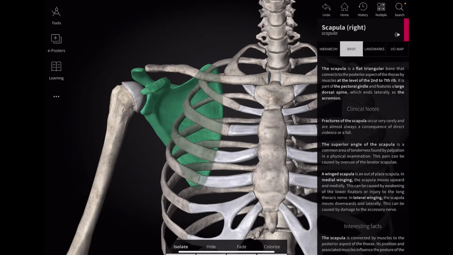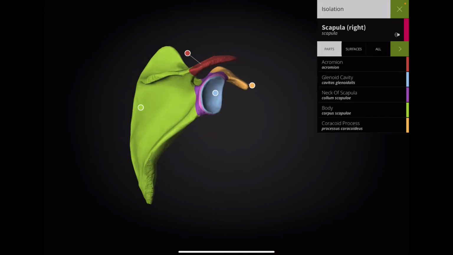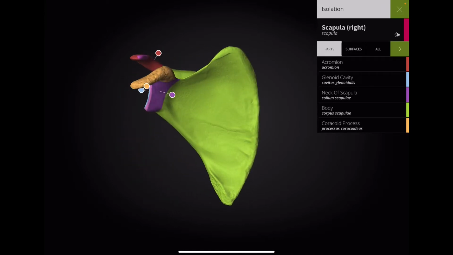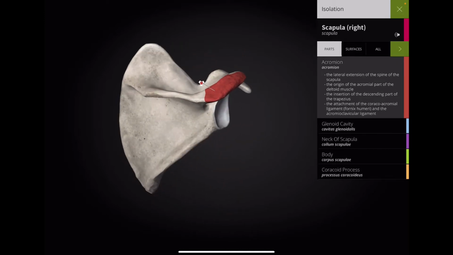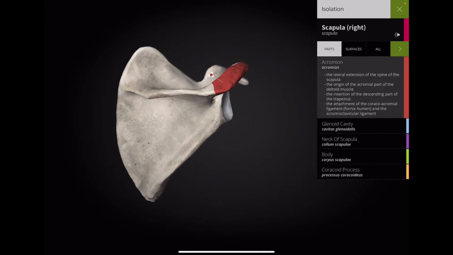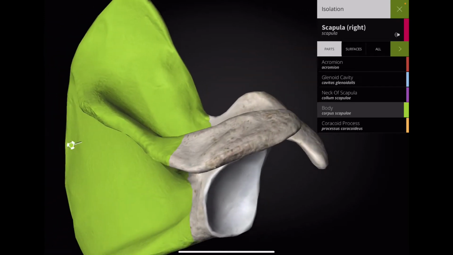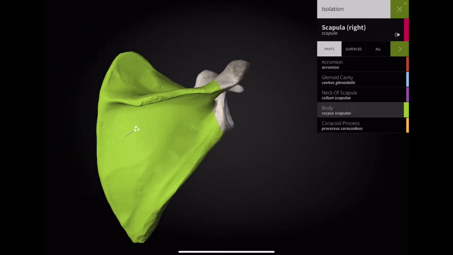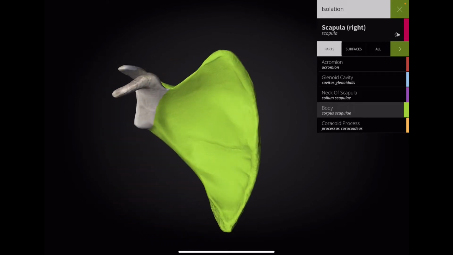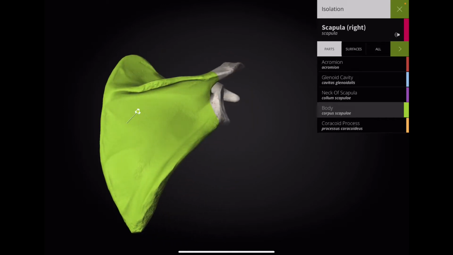Now, let's talk a little bit about the parts of the scapula. So you get the acromion over here, which is basically the continuation of the spine, which you can see over here. Okay. What you also get is the body. Okay, so this entire area is the body. So this is the posterior aspect.